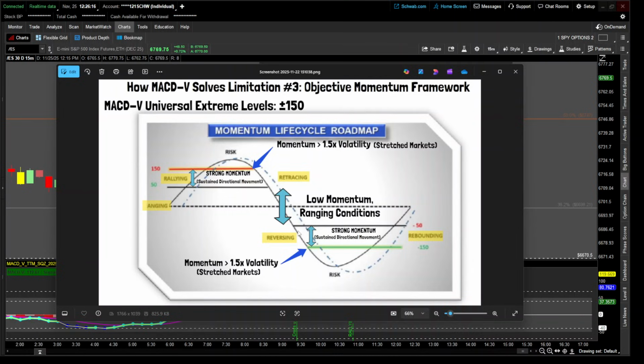Basically, the trend in the stock has reversed. Once it gets below -150, you enter the oversold stage, and then crossing back up with the MACD line above the signal line, you have rebounding.